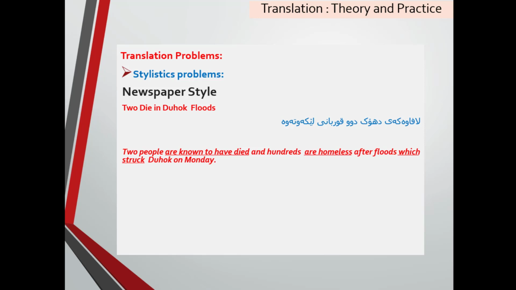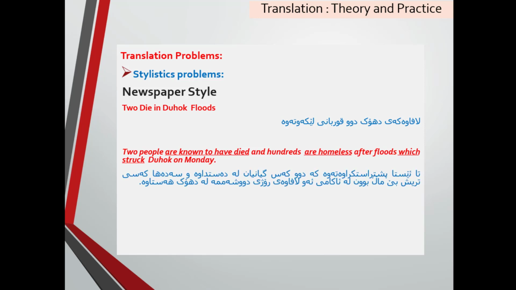Again, I want you to concentrate on the structure of the sentence. It should be passive. There should be no personal or individual feelings, no subjectivity. You just impart the knowledge. We can render it in Kurdish in this way: Ta esta پشتڕاست کراوەتەوە کە دوو کەس گیانیان لەدەستدا و سەدەها کەسی تریش بێماڵ بوون لە ئاکامی ئەو لافاوەی ڕۆژی دووشەمە لە دهۆک هەستاوەیان لە دهۆک ڕوویدا.